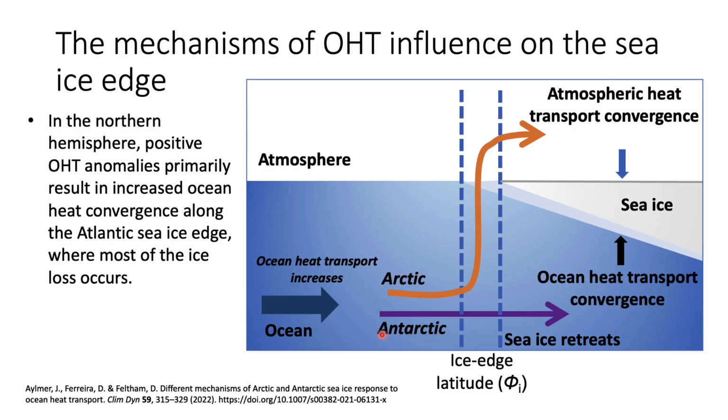So in the Antarctic, the sea ice happens directly if we talk about the southern pole, but in the case of the Arctic, the ocean heat transport increases from the Atlantic side, and this is the area where the sea ice and the water actually meet. So this area is where the actual heat transport convergence takes place.